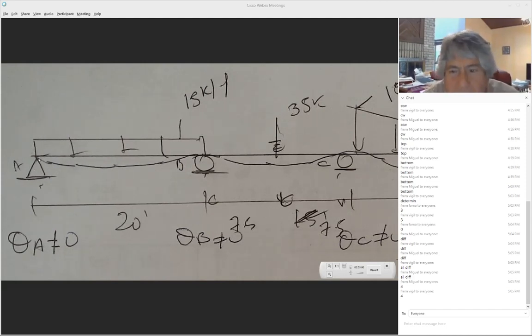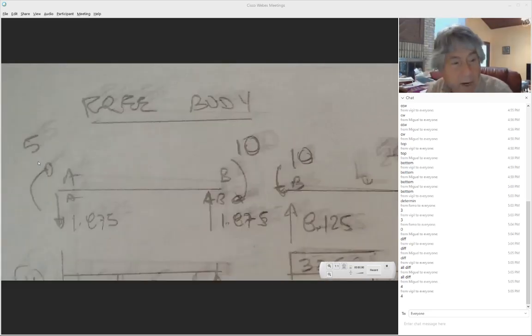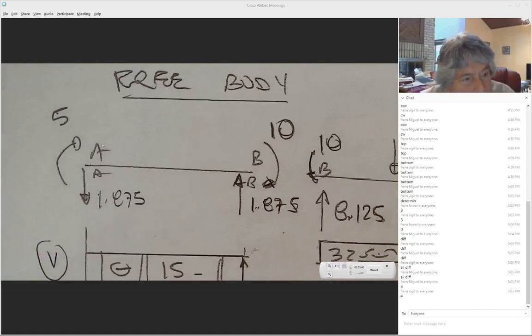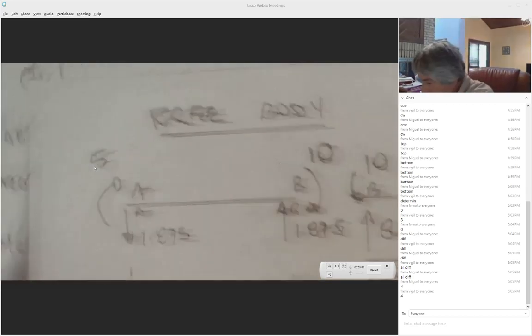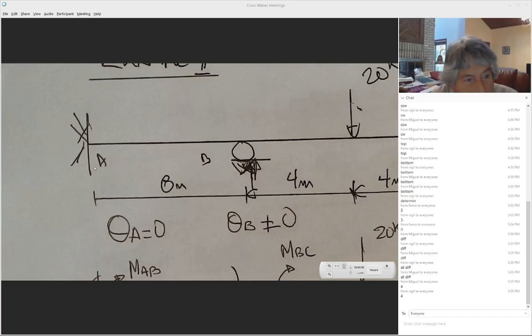The moment AB is going to be equal to what? Anybody? When I finish. Before, my moment was 5. I had a moment, because my problem looked like this.